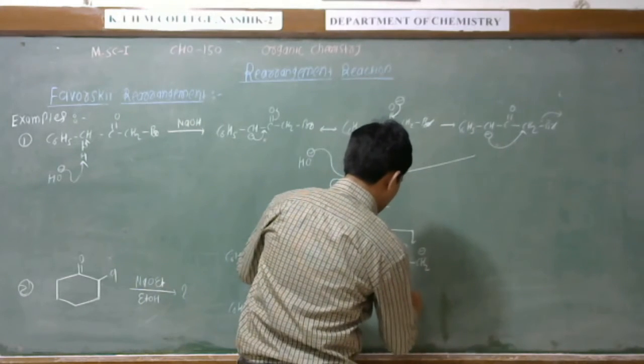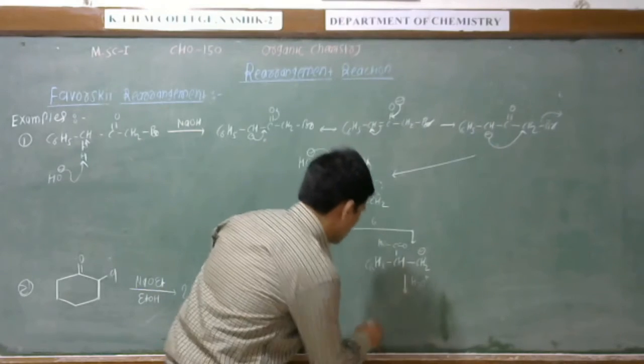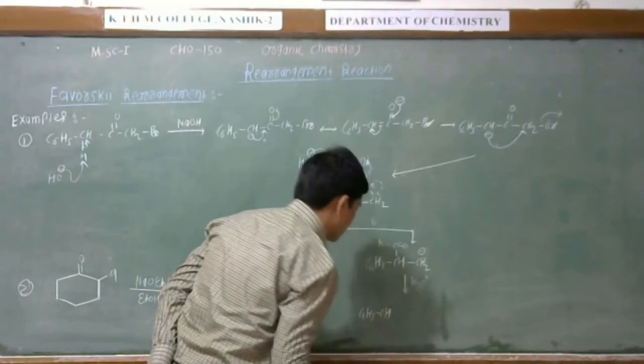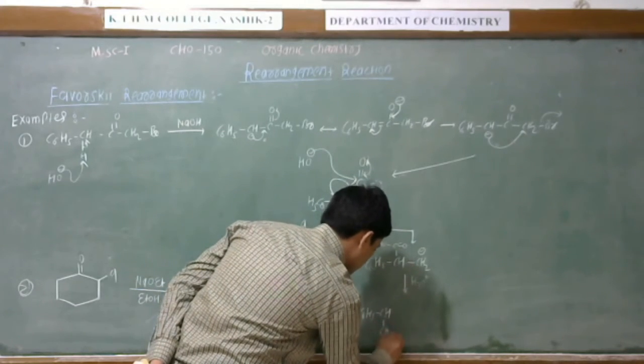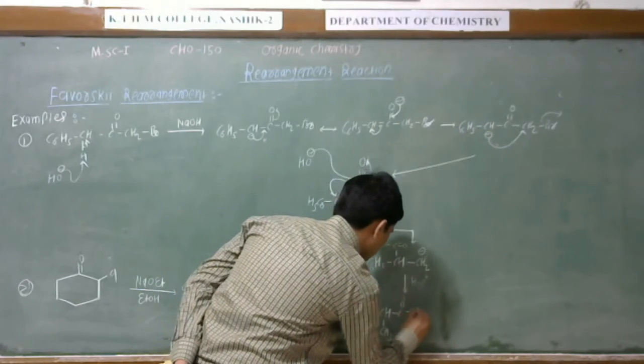After protonation or acidic hydrolysis, it will give this. See, this is the C6H5, this is CH here, and this CH3 is written in such a way, and here is the C double bond O, and this is the OH.